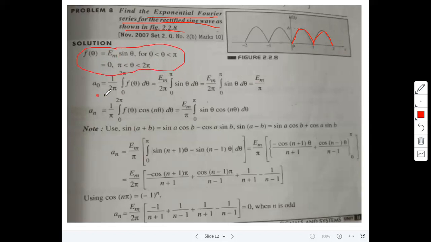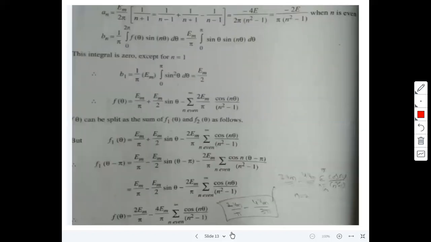Then already we know A naught and An. By using normal mathematical simplification procedures, we find out the AC component in the signal as well as the DC component in the signal, right?